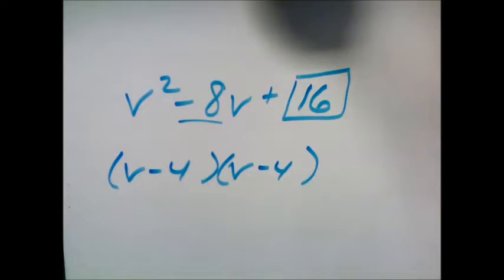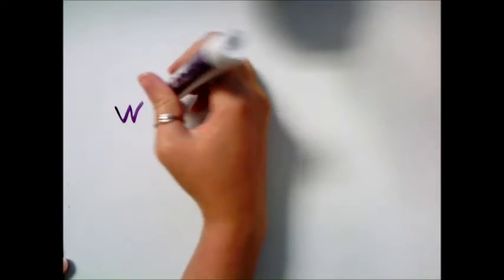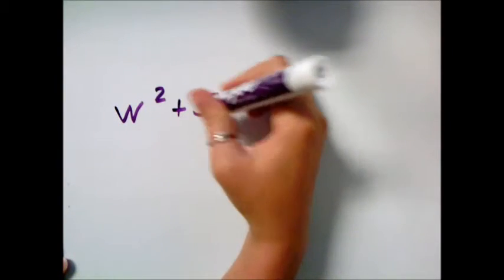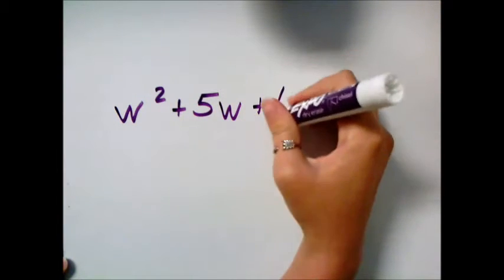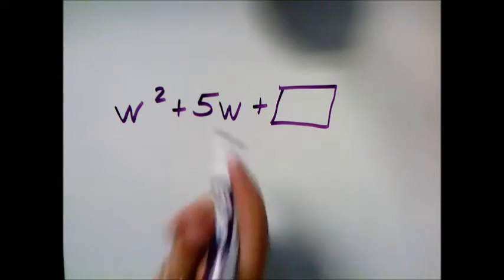Let's try one more. So w squared plus 5w plus blank. So it's a little annoying if I have an odd number, but let's think about this still for a second.